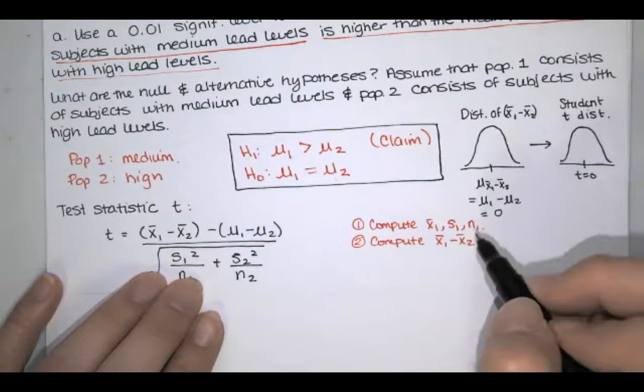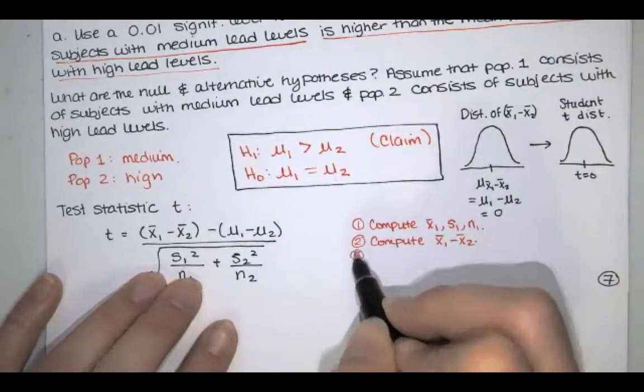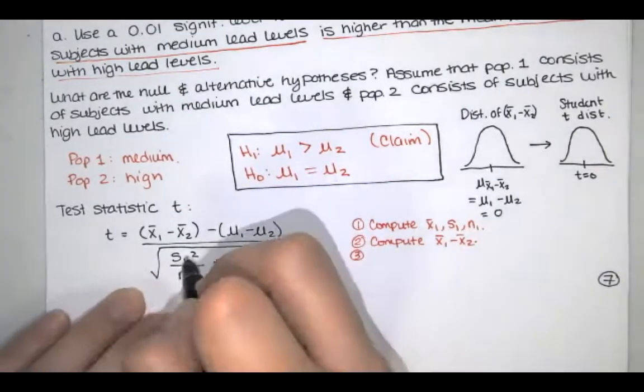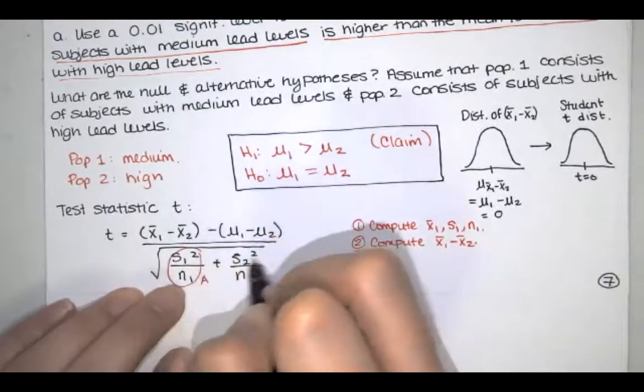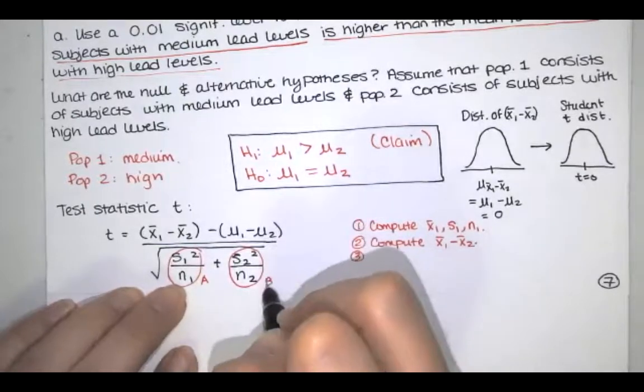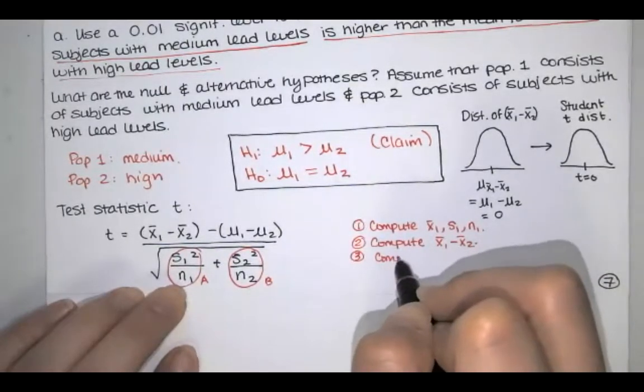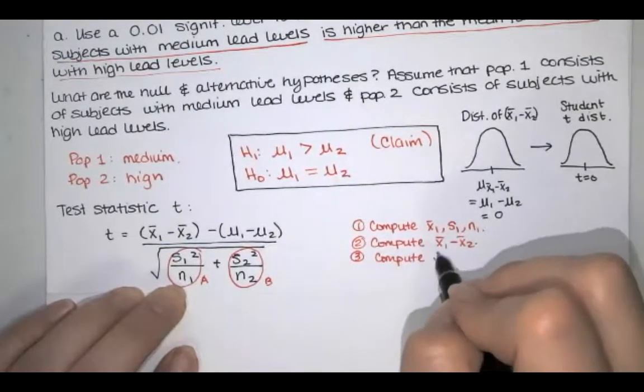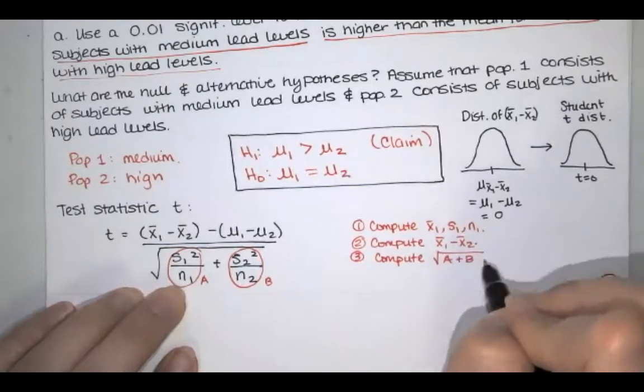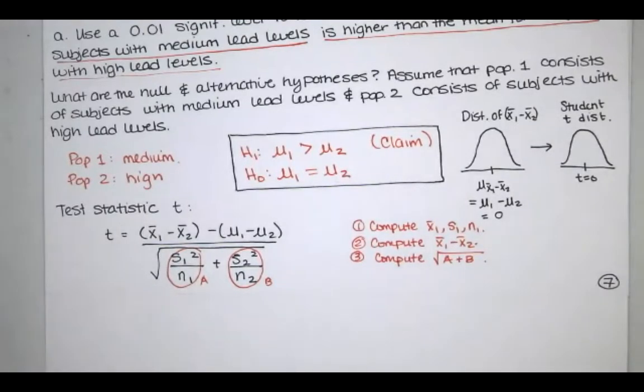So this is our numerator. And then the denominator is this expression. If I call this A and I call this B, then this is going to be the square root of A plus B. And I'm calling those A and B because if they are called A and B, there's a formula in terms of A and B for the exact degrees of freedom that we're going to use later.